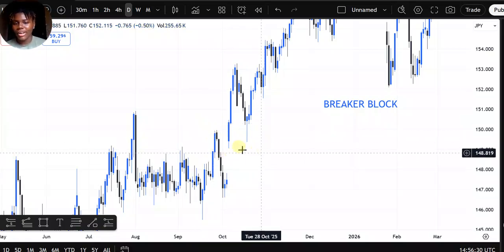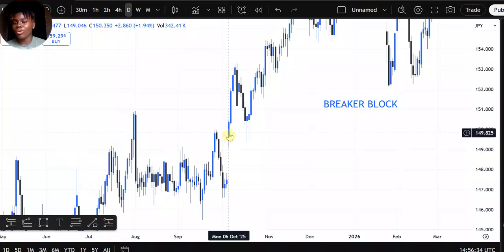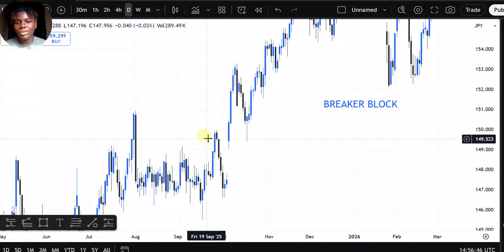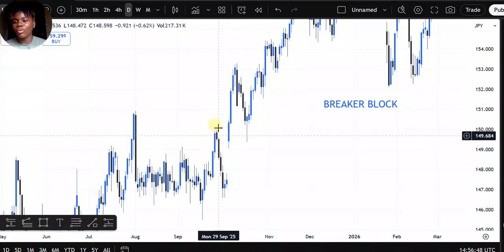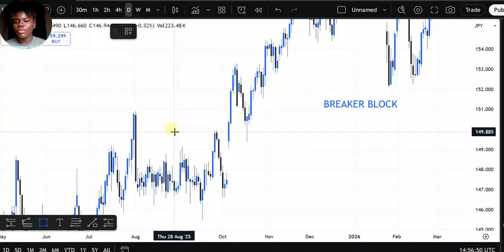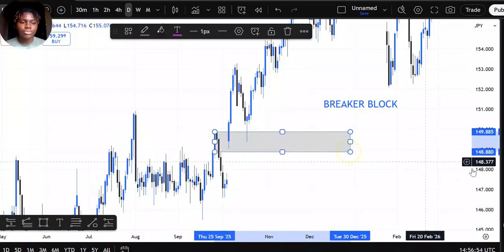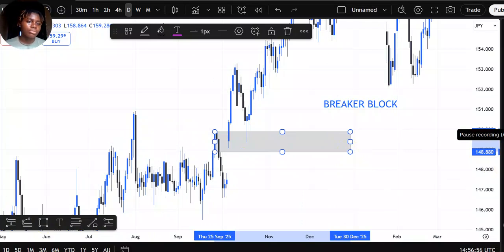There's an order block there, right? So what we're expecting is price retraces back into this order block and then continues the trend, which is going downwards. But no, you can see in this case that price broke that level, which automatically makes the order block we'll be marking around here a failed order block.